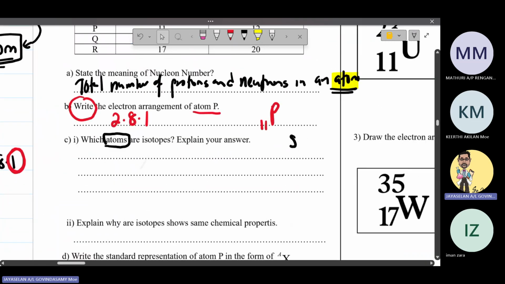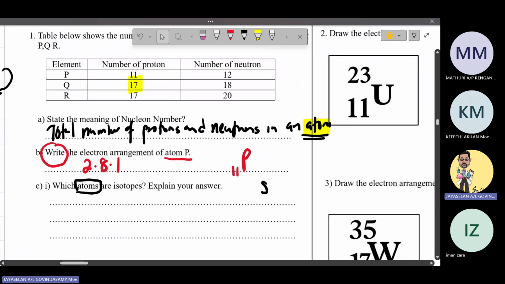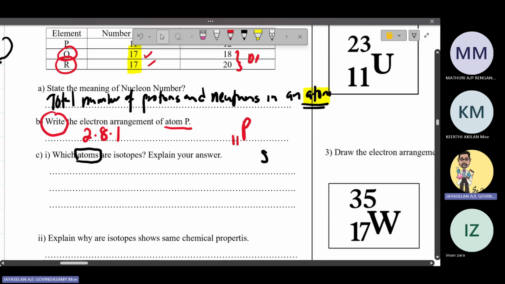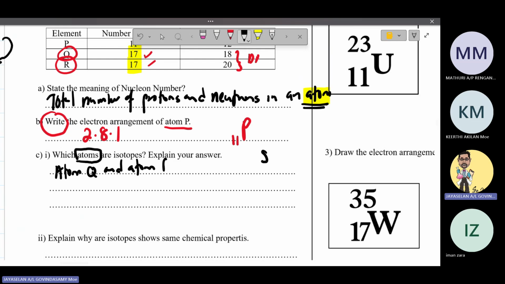So if you see here, the proton number of 1 and 2 is the same, and the number of neutrons is different. So these two isotopes, Q and R, are isotopes. You put here atom Q and atom R. If you put R and Q also you get the mark. You already score 1 mark.